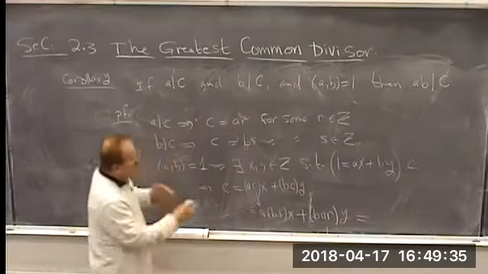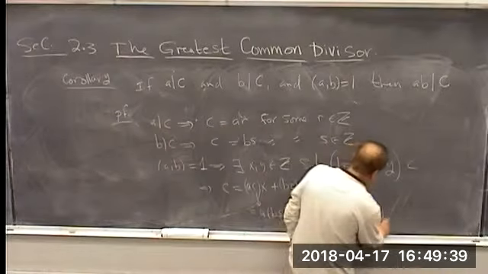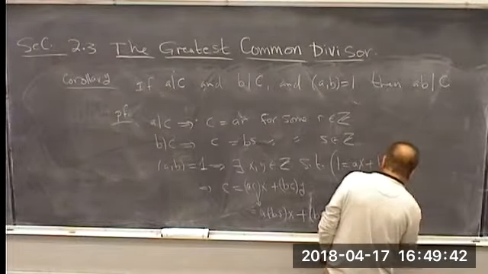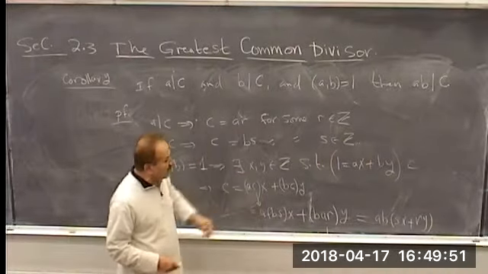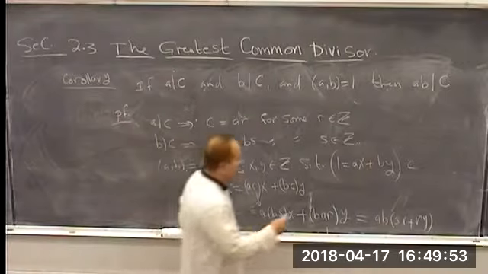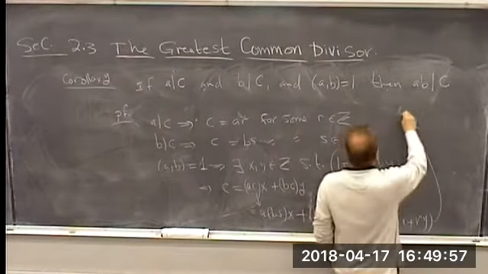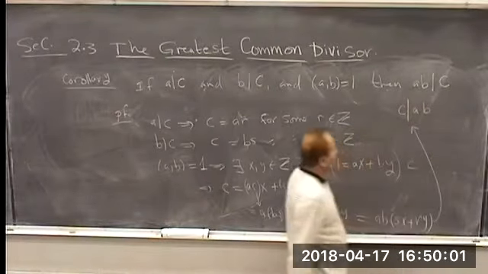Now then we have an AB as a common factor, so this is AB. Then we can write this one as SX plus RY. And this is exactly what it means. We are expressing C as a multiple of AB. So from here, we conclude that AB divides C. All right?